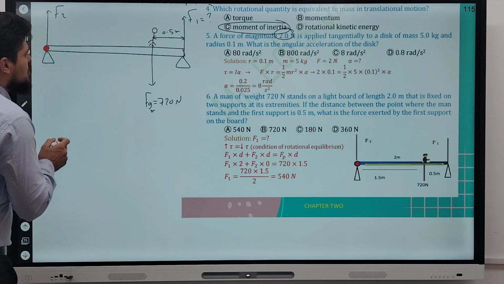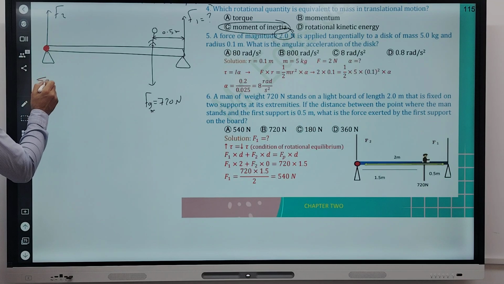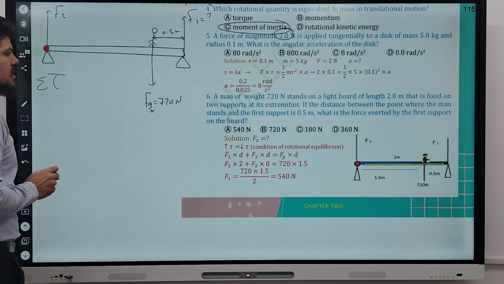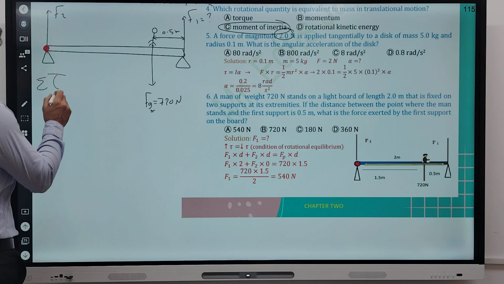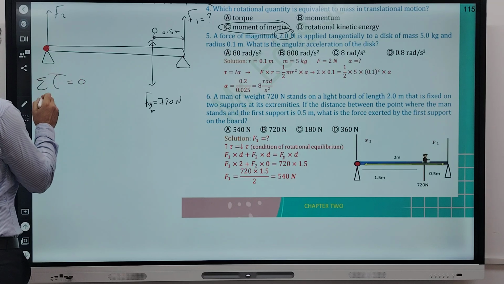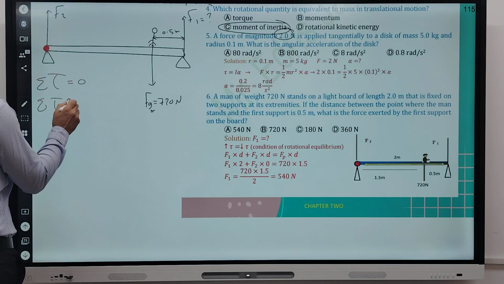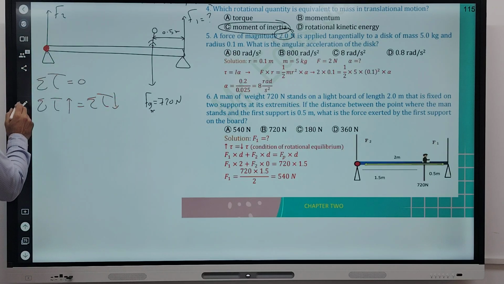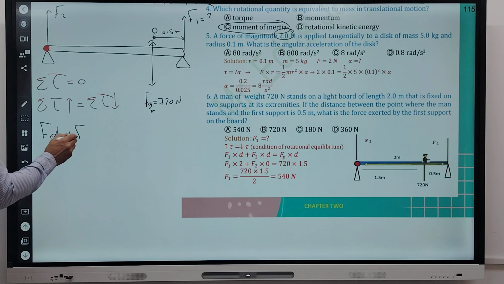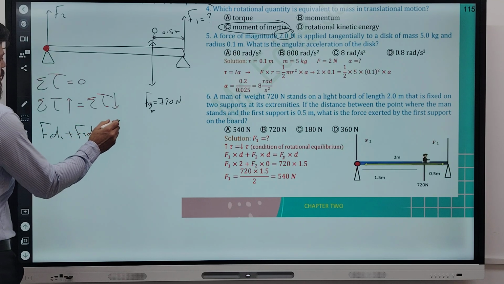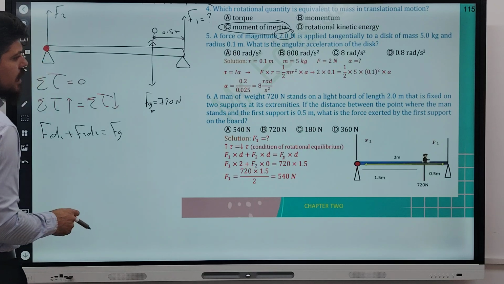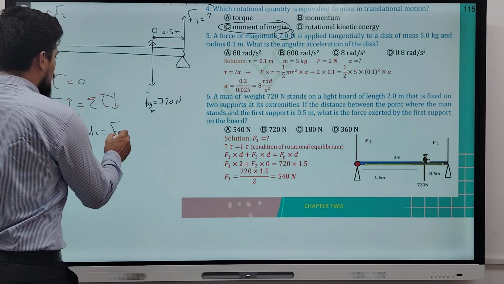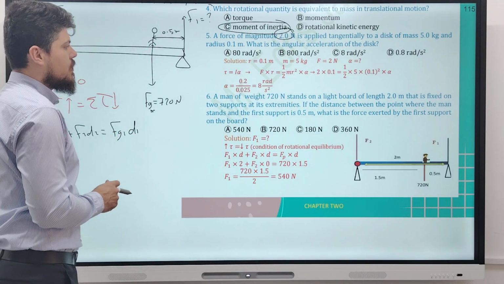Okay? So in that case, to find F1, we have to use rotational equilibrium, where the net torque is equal to 0. The torques acting upward are equal to all torques acting downward. For the upward, we have two forces: F1 D1 plus F2 D2 is equal to Fg1 D1.